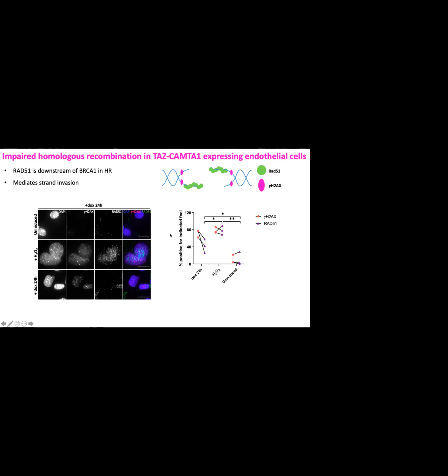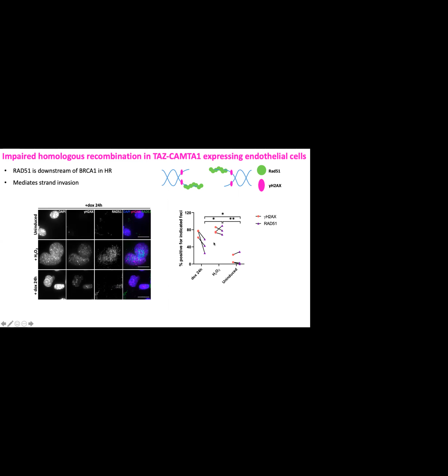And then again, this is looking more specifically at RAD51. So this is, as I said, downstream of BRCA1. This deposits on the overhangs surrounding the double strand break and allows invasion into the sister chromatid, which is used as a template for error-free repair. So this showed a similar pattern, albeit a bit more pronounced.